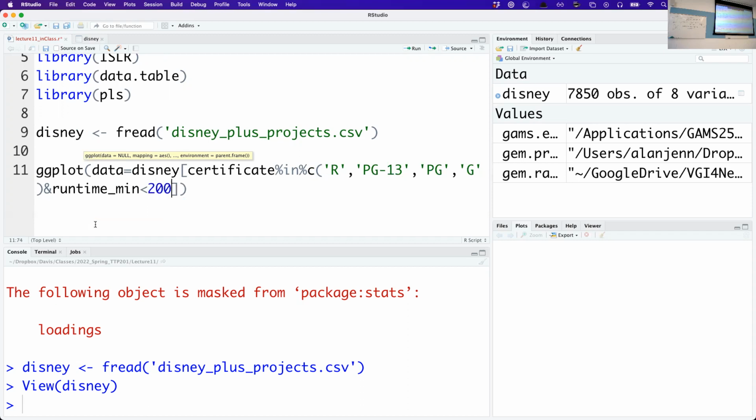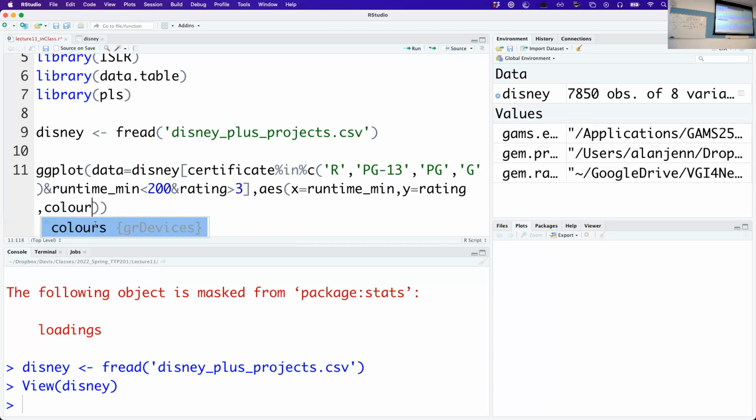That's like almost 3.5 hours. And we're also only going to look at movies that have a rating greater than 3. So right now, what we're doing is we're just looking at the data to see kind of what this looks like.